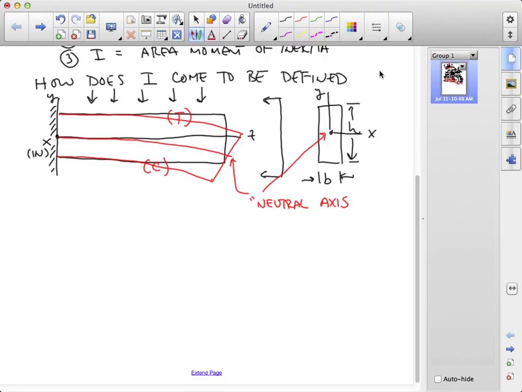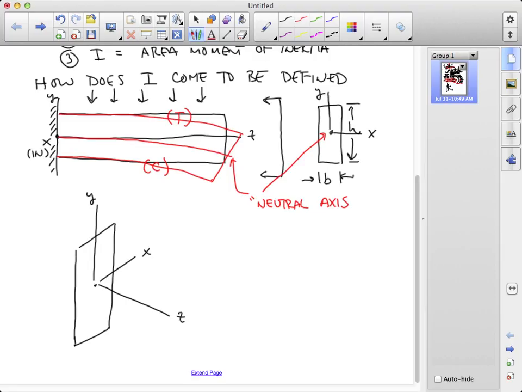What we'll do now is take a perspective view of this cross-section. Here's our neutral axis z, and here's our coordinate directions x and y. And z is coming out. And what we end up with is a distribution of stress.